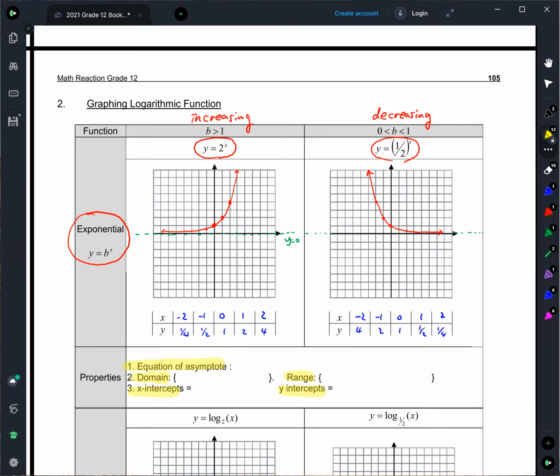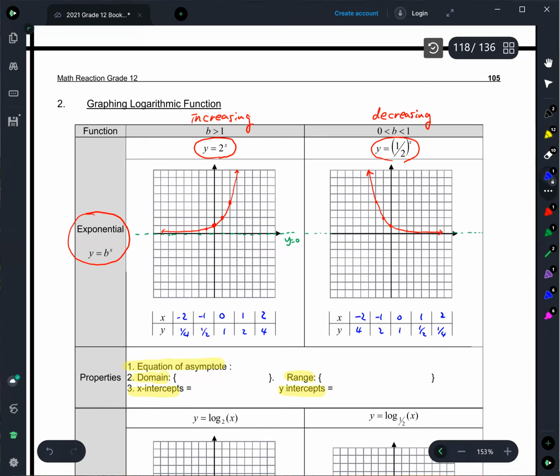Okay, Evan, what's the equation of asymptote? Evan, are you there? What's the equation of asymptote?